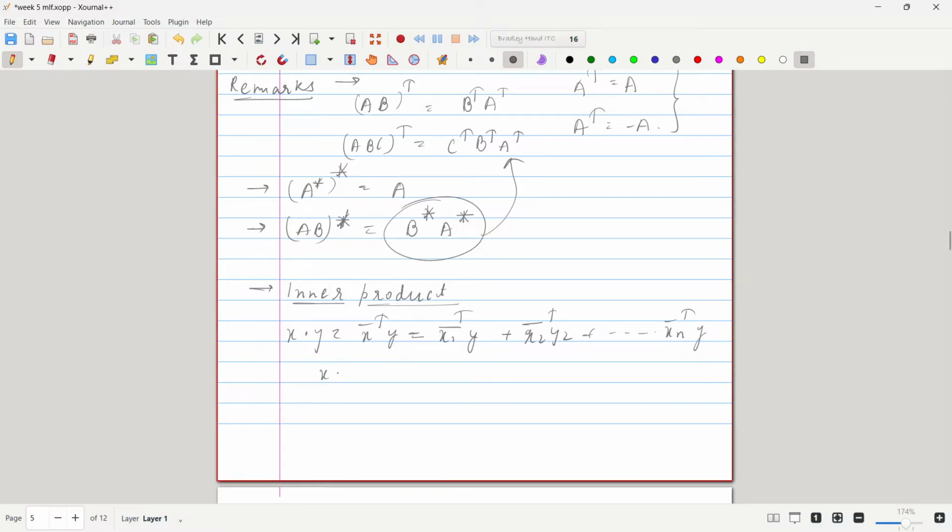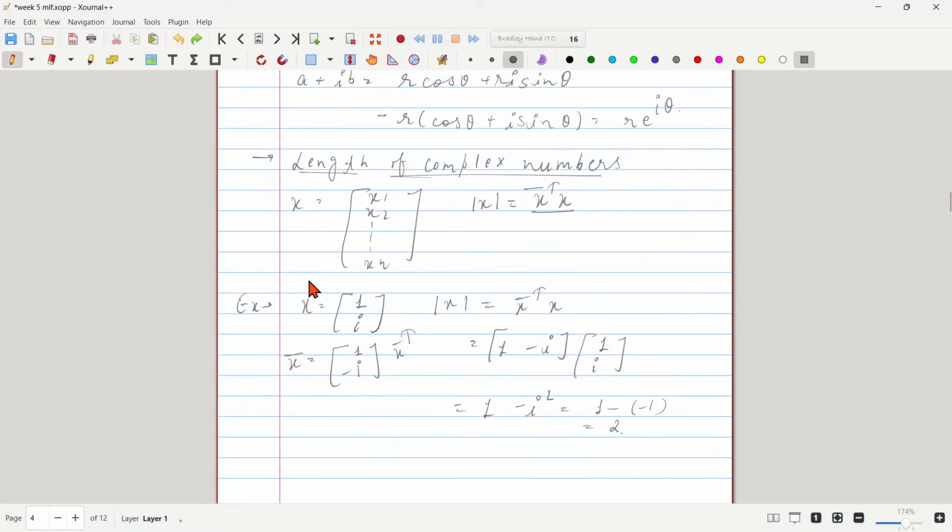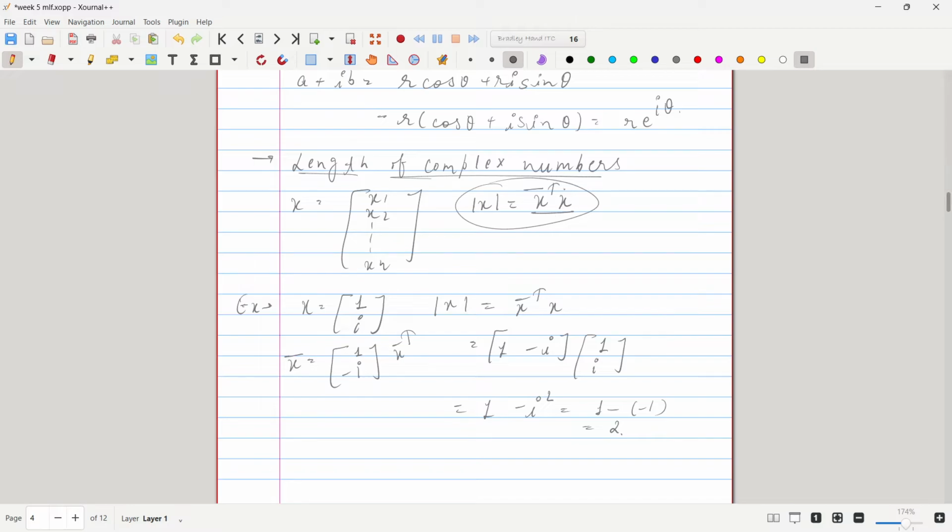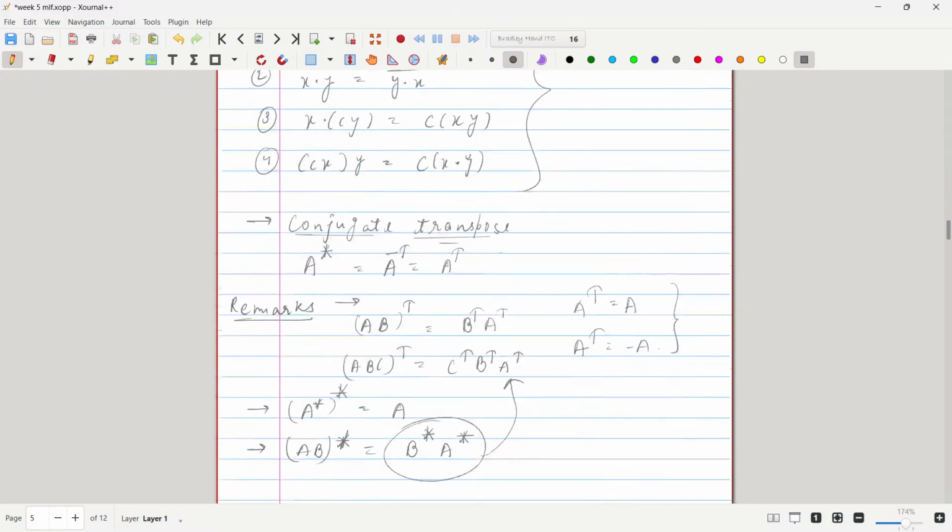So generally for complex numbers, x dot y is equal to x conjugate transpose y. That's how you find the inner product. The inner product gives you the length of the complex vector, and you find the length like this: x conjugate transpose times x.